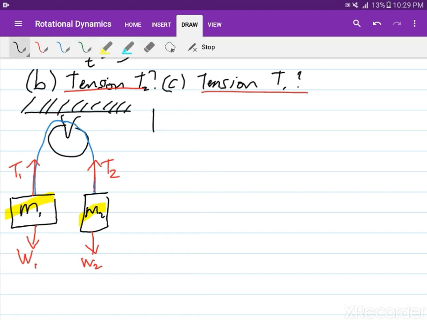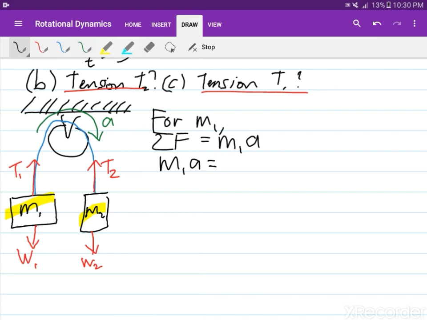So let's write the summation of forces for M1 first. So we have acceleration in this direction. We know that A. So we have here M1A equals, wait, summation of forces equals M1A.